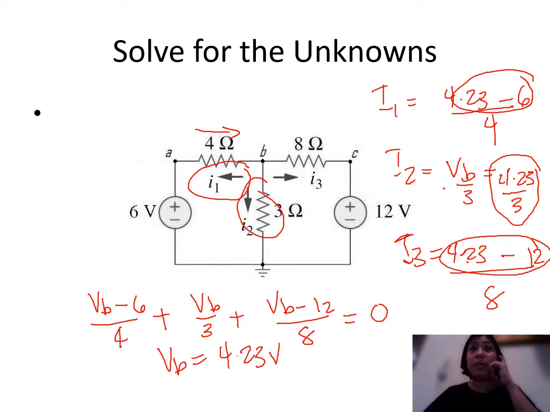So what does that mean? That means that our assumed polarity for I3 here is incorrect. So therefore, the direction for I3 must have been in this direction. But the numerical value is correct. So that's our nodal analysis.